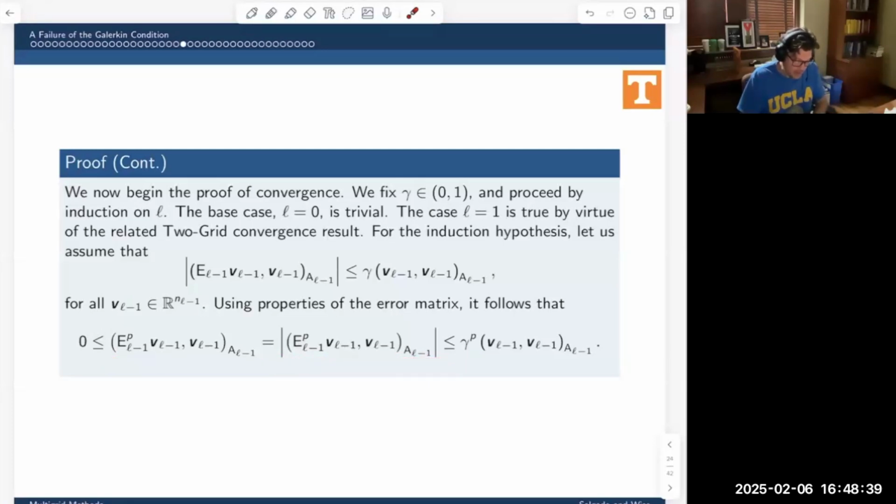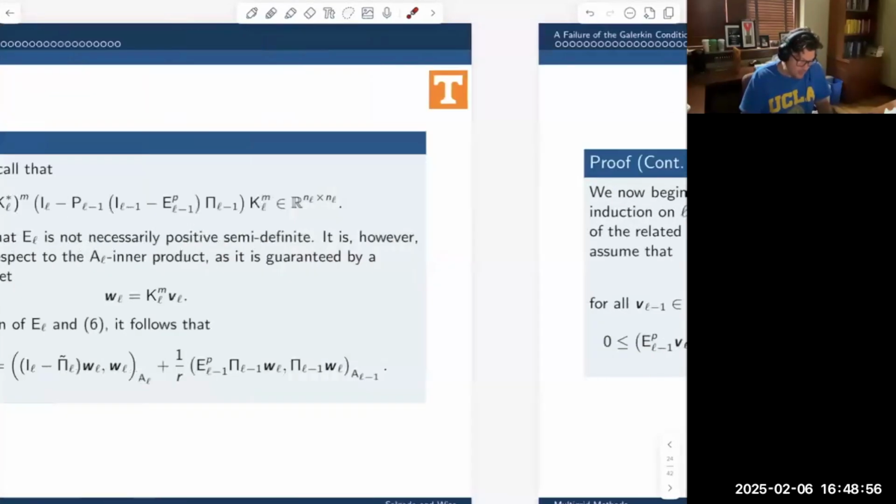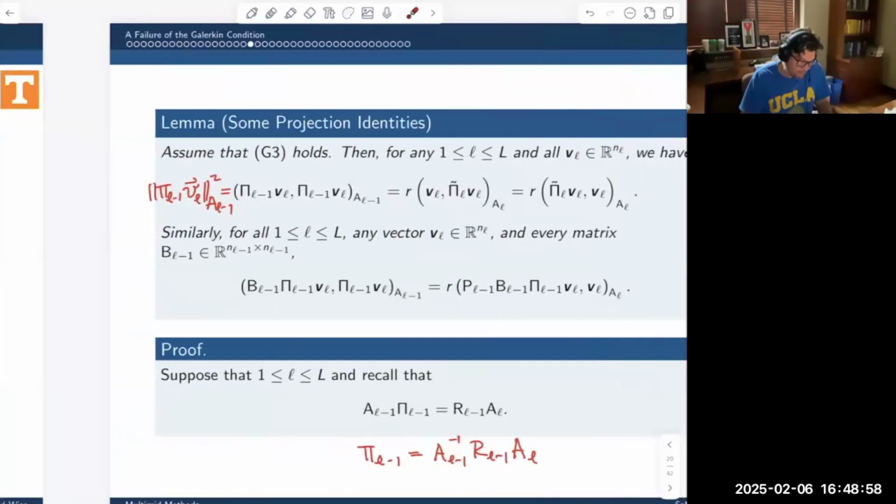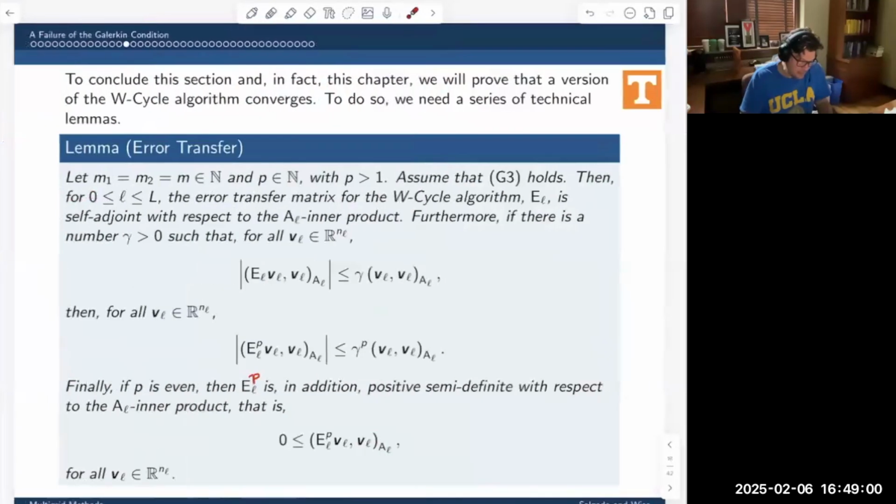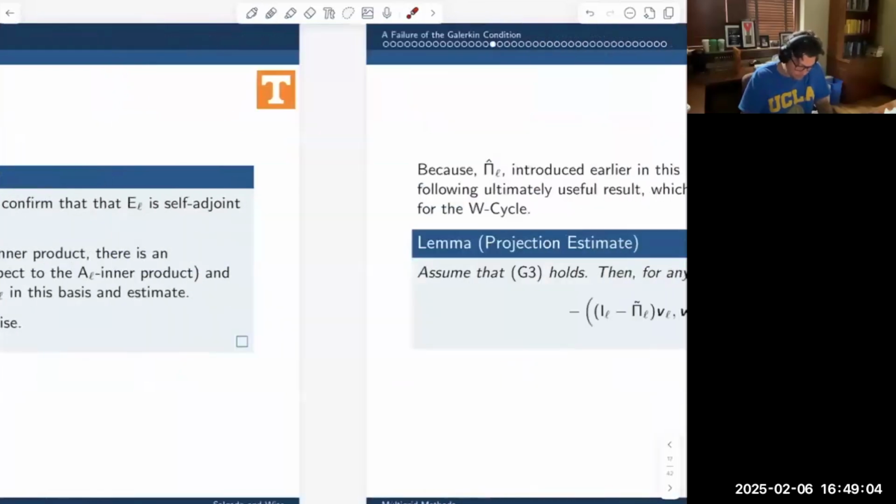But now by our induction hypothesis and a previous lemma, which we hope is true, we can guarantee that this object is less than gamma to the p power times VL minus 1, VL minus 1 in the AL minus 1 inner product. So that was that previous lemma that we did prove. Okay, or the result of that lemma that we did prove.